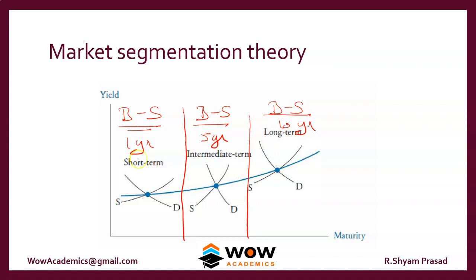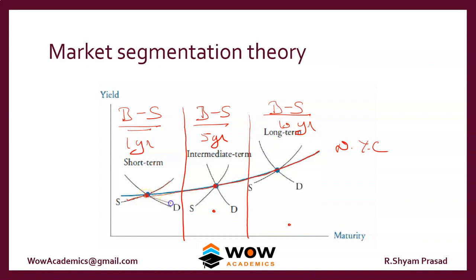So there are different types of buyers in each segment. Each of them determines the supply and demand, and they form a point. Each of them determines a small point, but only when you add these points you get the yield curve. Assume the 5-year interest rate, the supply and demand, is going to be pointed here, and the 10-year loan is going to be pointed here.